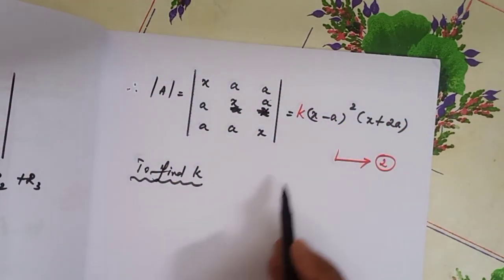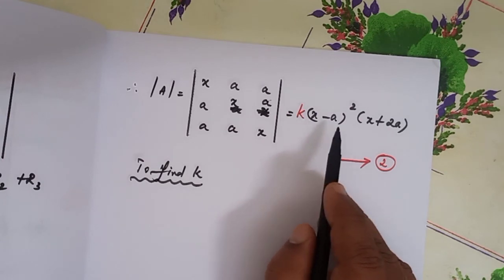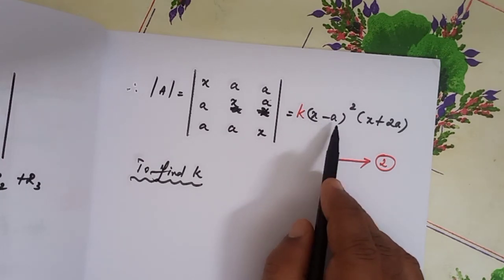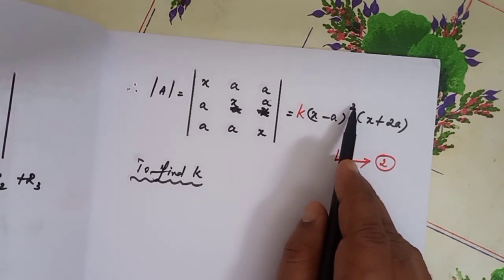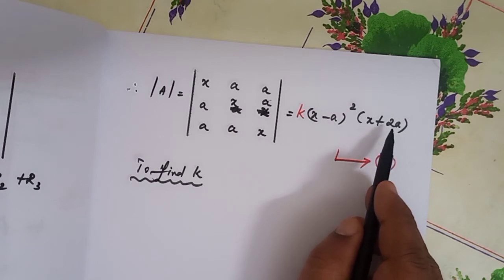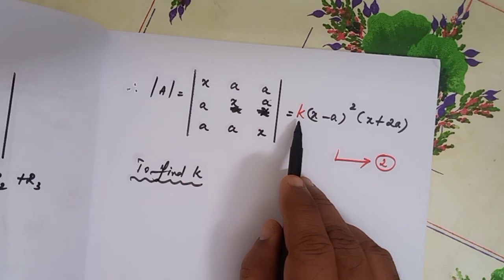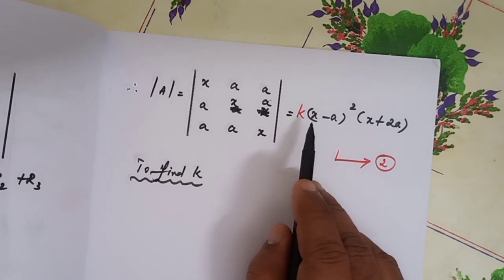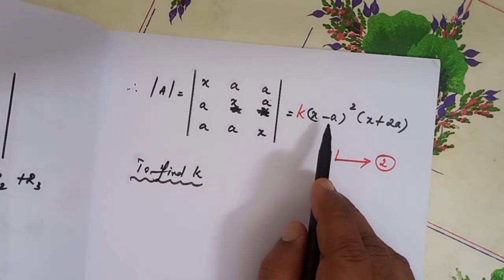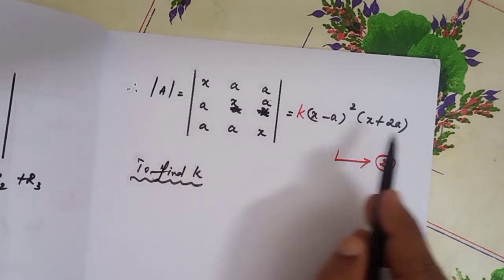Suppose I replace x as 1, a as 1, you will be getting 1 minus 1, 0, 0 square is 0, 0 into anything is 0, and 0 into k is 0. No chance of getting the value of k.